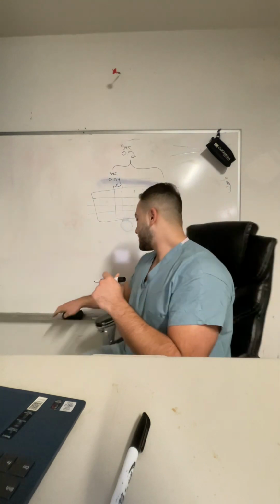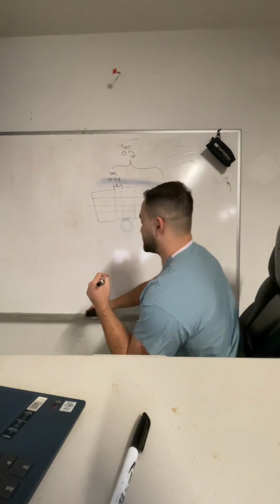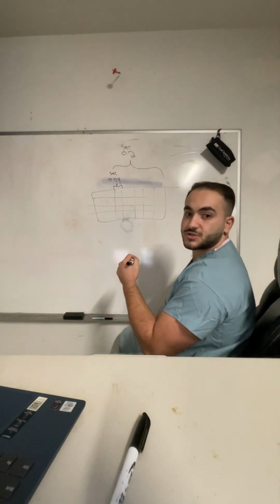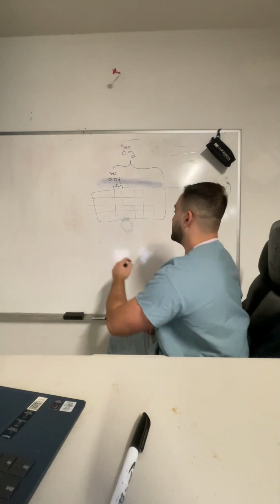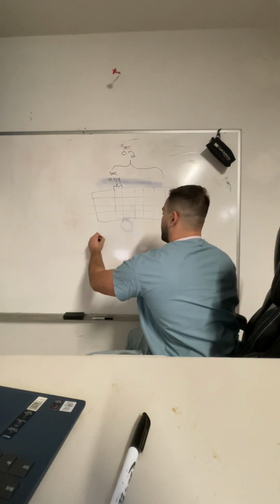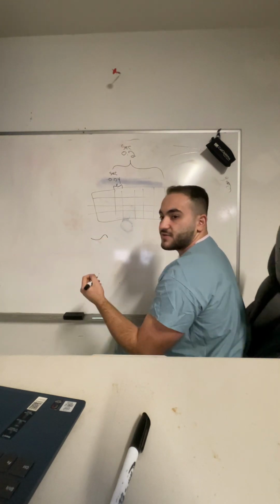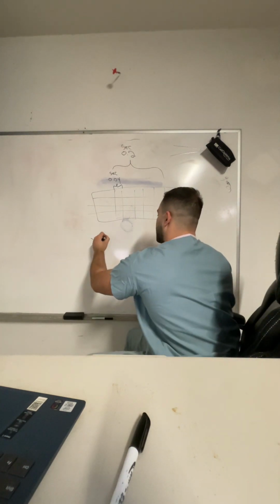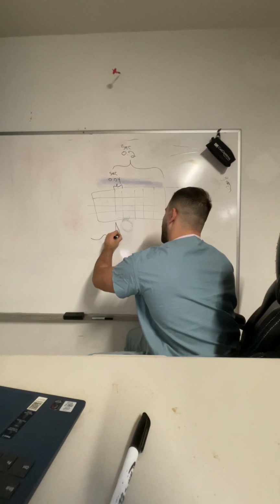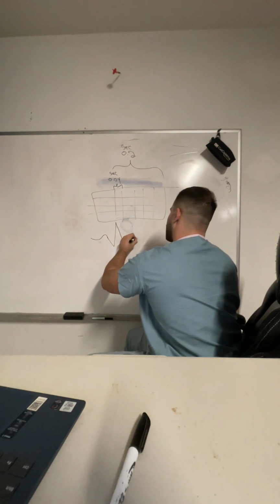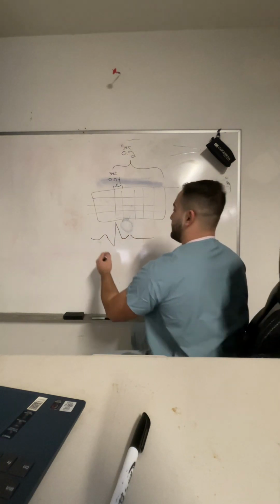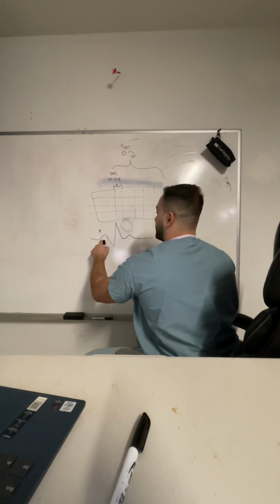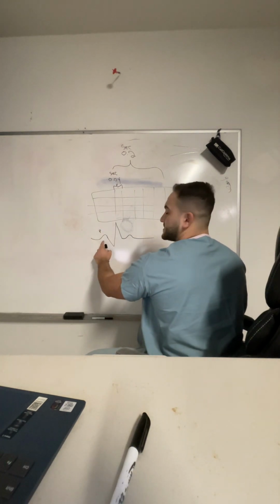So we know we have a PQRST, right? So I'm going to try to draw this the best way that I can. So we have a P, and then we have the Q, R, S, and T, okay? So here we have the P. This is atrial, right? So this is what determines if it's sinus or not.